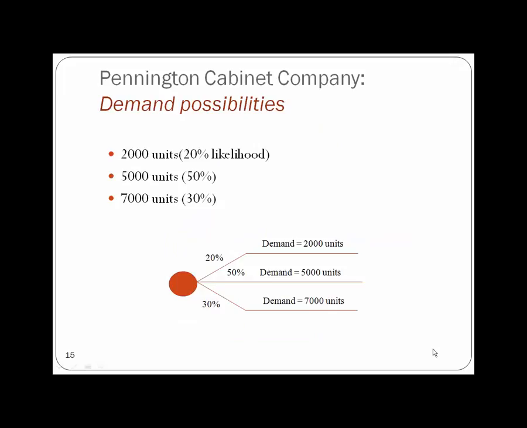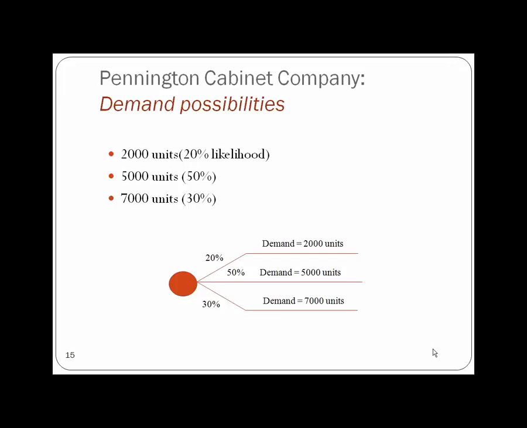Now that we've talked about the capacity alternatives, let's talk a little bit about the possible demand levels. Now, a point of clarification here. In the real world, you wouldn't expect demand to fall into just three possible points, like, oh, the demand's either going to be 5,000 units, 2,000, or 7,000.